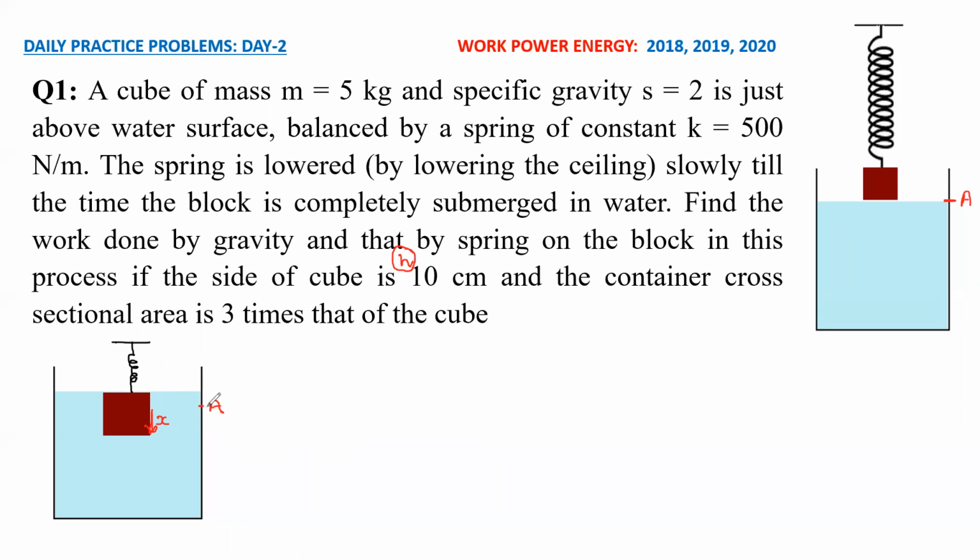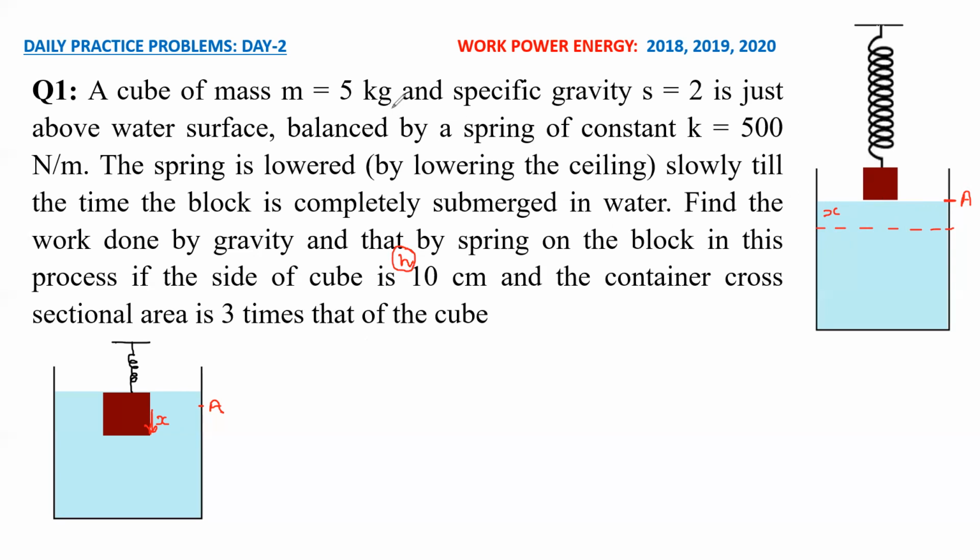Okay, now we realize that if the block has gone down by X from the initial datum level, that is the initial free surface level A, then all this X depth of the fluid, all this fluid of this much volume, has gone to the sides.